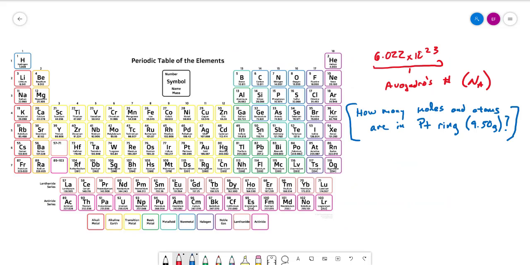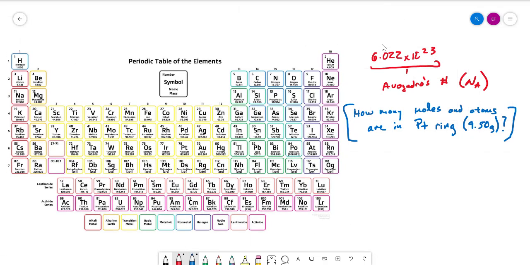Okay, so we just defined this number here, this 6.022 times 10 to the 23rd. This is the number of objects, whether it's molecules or atoms or cars or whatever, in this arbitrary sort of unit called a mole. We also call that number Avogadro's number, which is sometimes simplified as capital N, subscripted capital A, N_A.